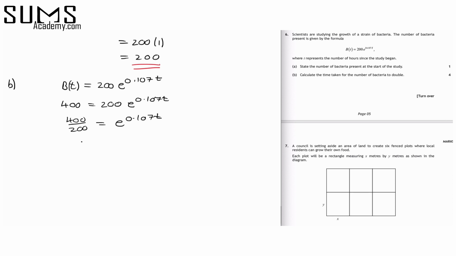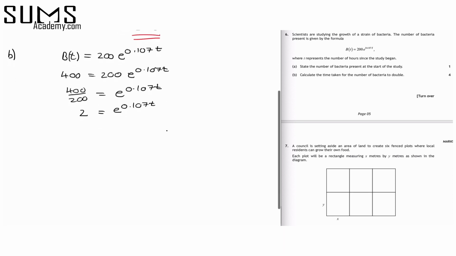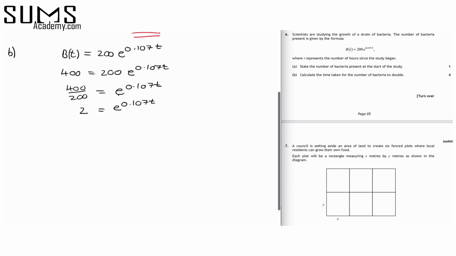If you want to get rid of this e, the opposite of e is the natural logarithm, so we take the natural logarithm of both sides: ln of 2 is equal to ln of e to the 0.107 t.